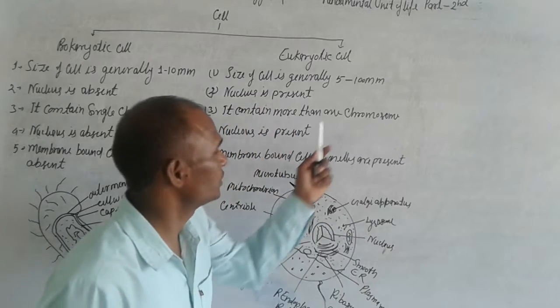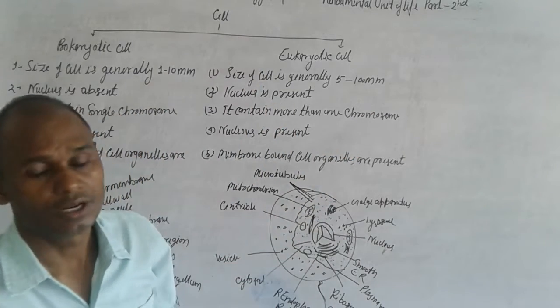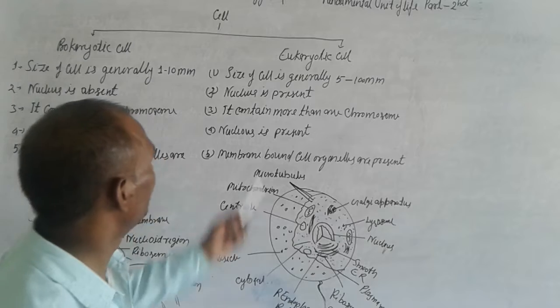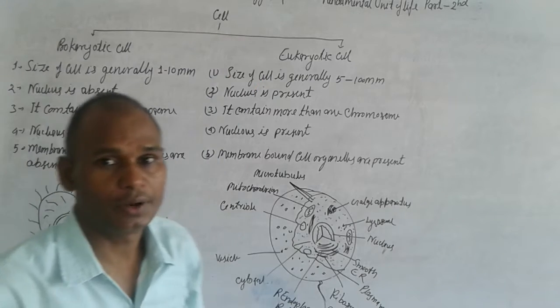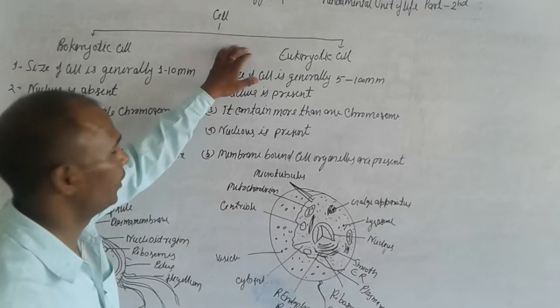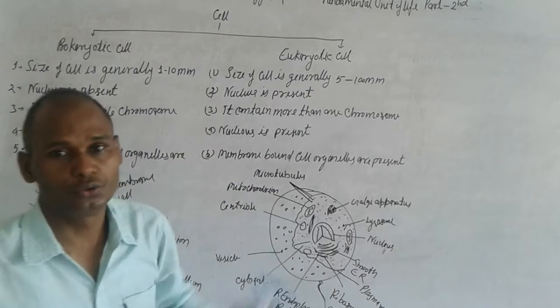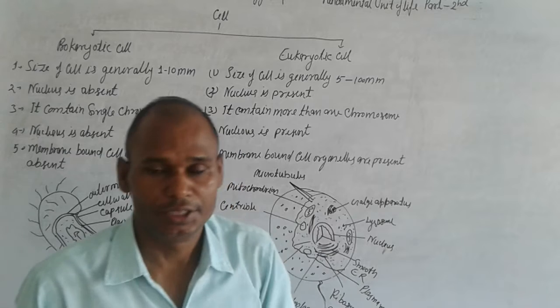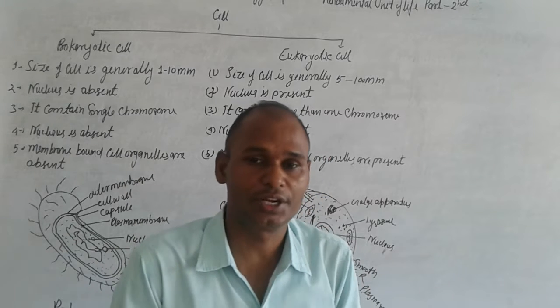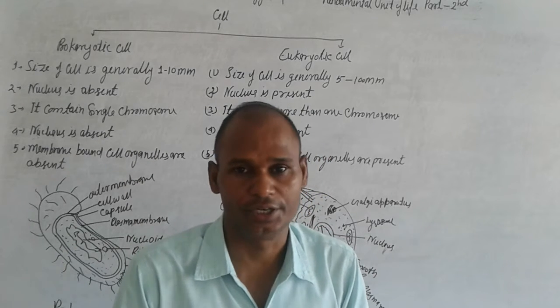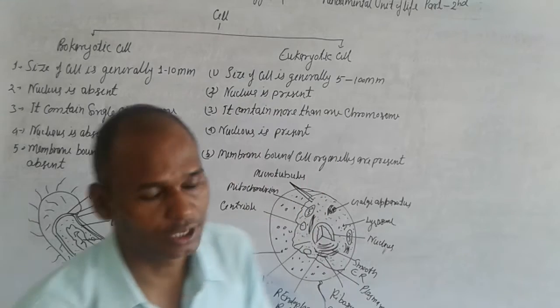In this video we discuss the classification of cells. We know that cells are classified into two parts: first is the prokaryotic cell and second is the eukaryotic cell. So let us start now.